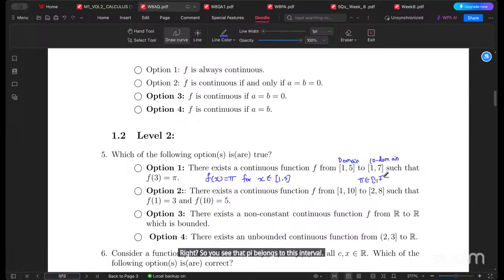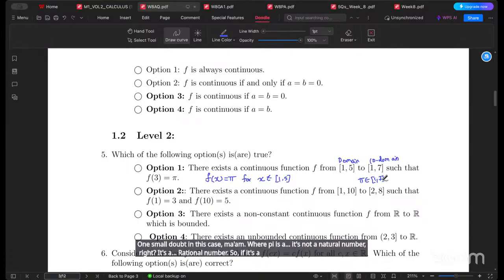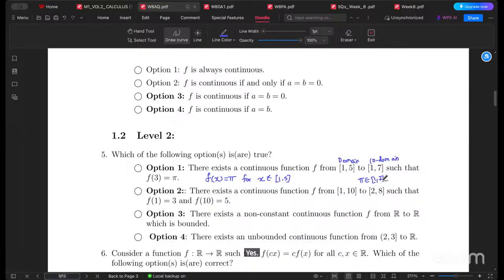Ma'am, one small doubt in this case. Pi is not a natural number, right? It's a fractional number. If it is just given that the codomain is a subset of natural numbers, does this mean it is a continuous function?